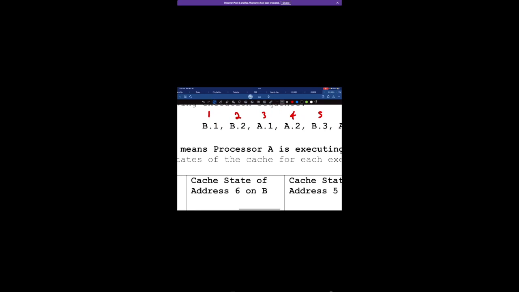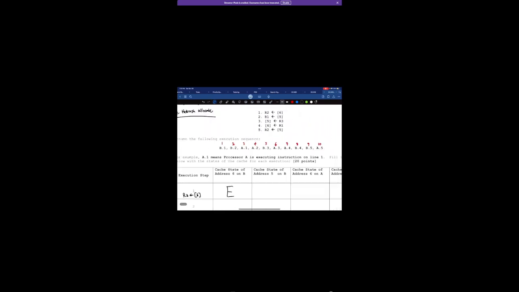We grab it from main memory, we put it into the cache, and since those data values are equal, it's exclusive. Alright. Okay. And then number 2, we're on processor B still, and we're running line 2, so R1 6.